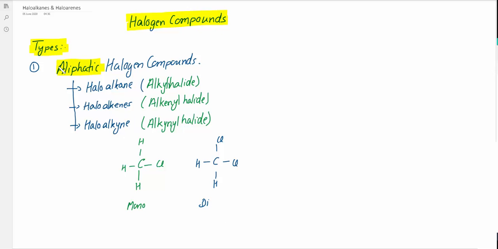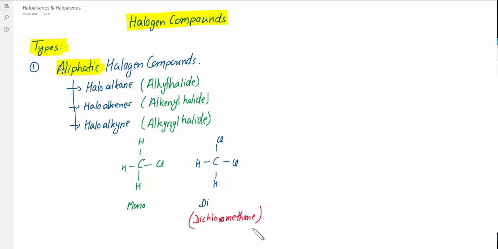Coming to the IUPAC name, we have already done how to name these compounds, but still if I have to name this, there are two chlorine at one carbon, so this will be called dichloromethane, as the halogens are always taken as prefixes.